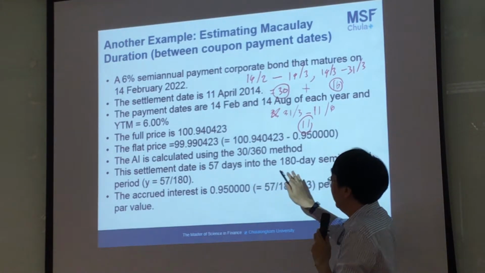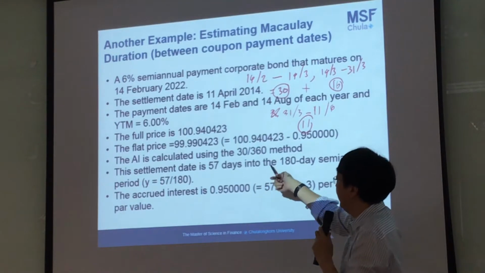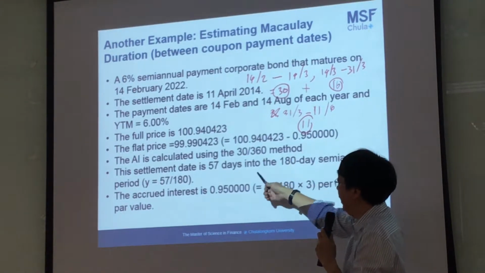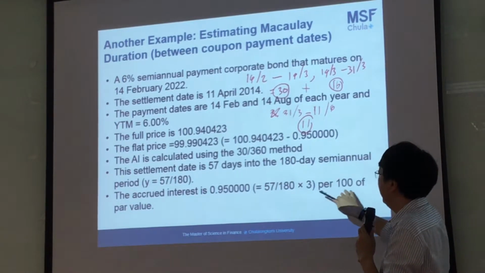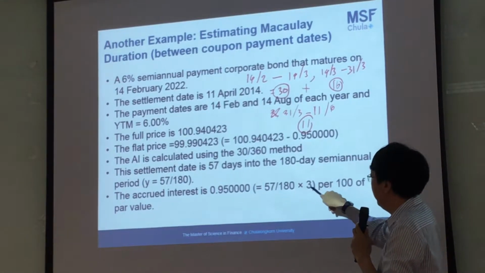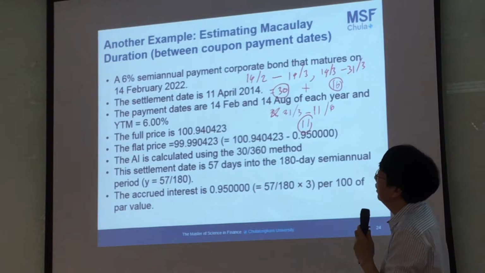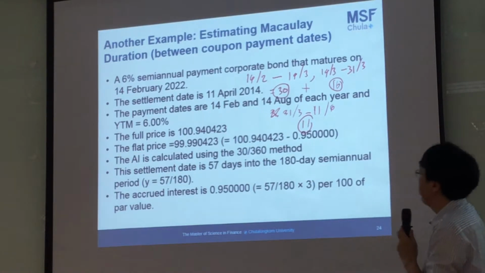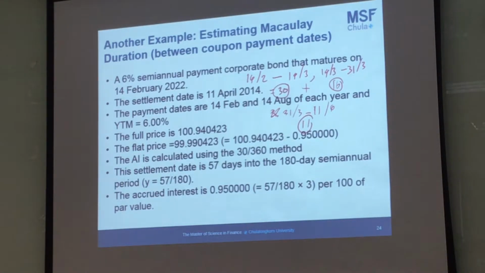Okay, so you can estimate the number of days, 57 divided by 180 to get Y, and then multiply by the coupon payment, $3. So you get the full price and the flat price.